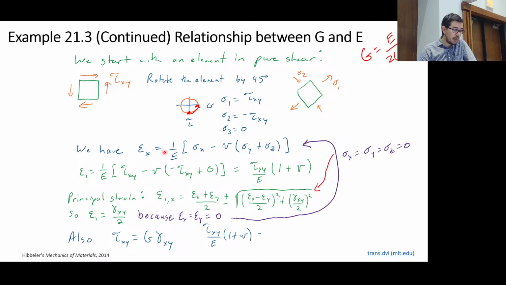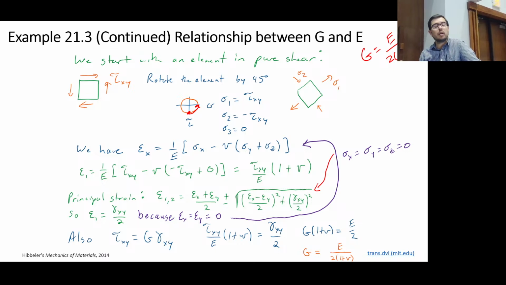So now we can substitute in these equations with this equation here. And we start doing that, and we get that G is equal to E over quantity 2 times 1 plus nu. Any questions on this?